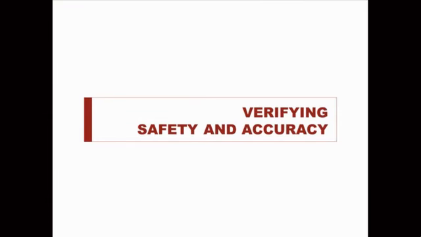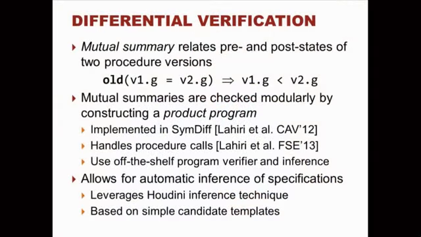Okay, so this was a brief intro and motivation. The one I want to talk about next is how we verify safety and accuracy criteria. And we do it using differential verification, which is based on mutual summaries that relate pre and post states of two procedure versions. And Shuvendra published algorithms that can check these mutual summaries modularly by constructing this product program.